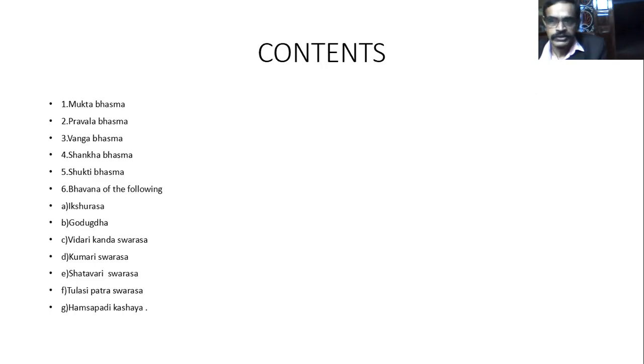So the contents are Mukta Bhasma, Pravala Bhasma, Vanga Bhasma, Shankha Bhasma, Shukti Bhasma, with Bhavana of the following: Ikshu Swarasa, Godugdha, Vidarikanda Swarasa, Kumari Swarasa, Shatavari Swarasa, Tulasi Patra Swarasa, and Amsapadi Swarasa.